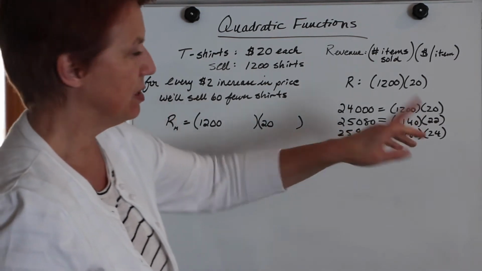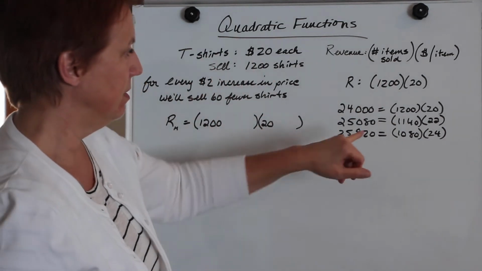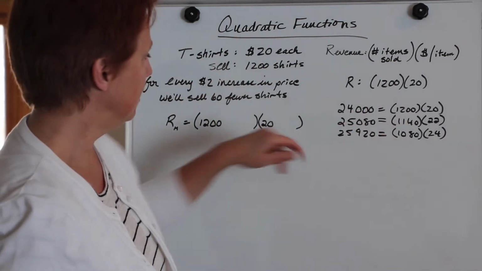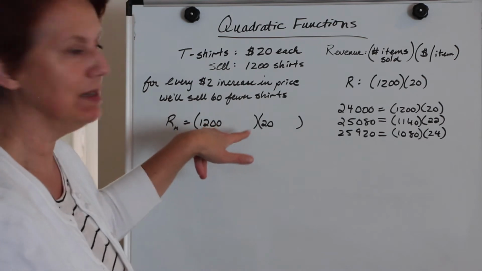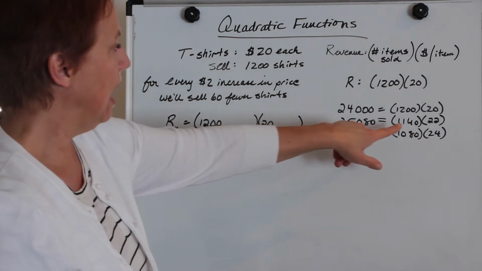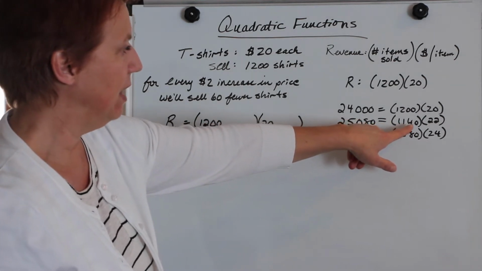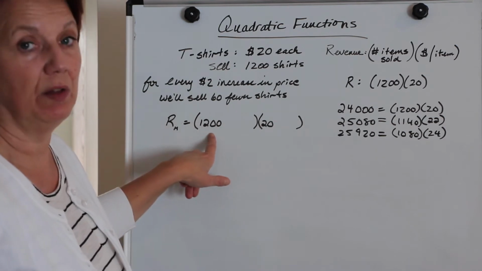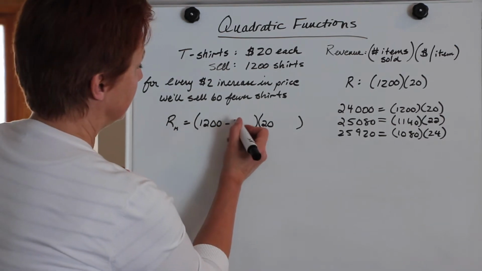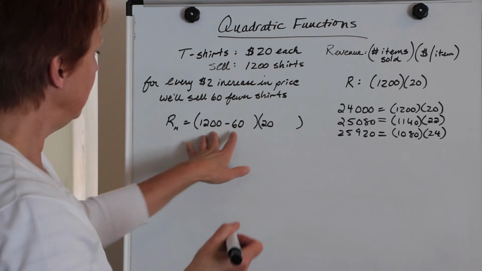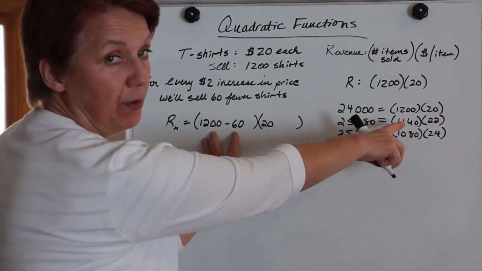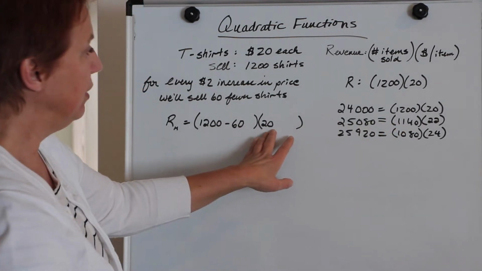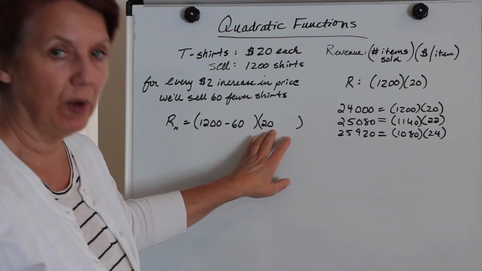Now what we want to do is write one iteration of this process over here, but we want to use these numbers to do it. So how do we write a value of 1,140 using 1,200? Well, we have to go minus 60, right? That is 1,140. And how do we write 22 using 20?